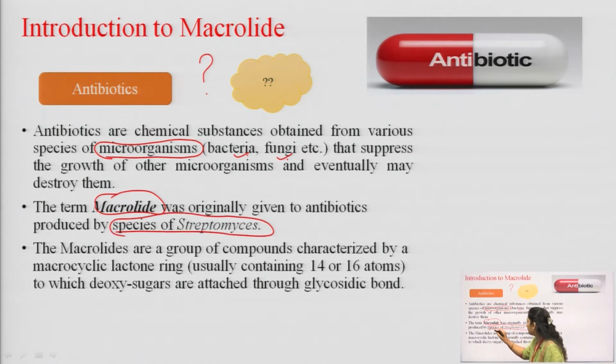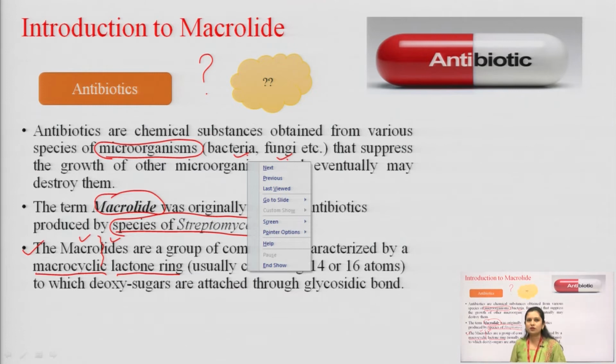It was obtained from the Streptomyces. अगर हम मैक्रोलाइड्स के बारे में बात करें तो जैसे मैक्रोलाइड्स के अगर टर्म्स को हम बीच में से स्प्लिट कर दें, सो हम यहाँ से समझ पाएंगे दैट इट इज़ मेड अप ऑफ 2 पार्ट्स, मैक्रो एंड लाइट्स. मैक्रो मीन्स लार्ज, बिग, एंड लाइट्स मीन्स लेक्टोन रिंग. यानी कि मैक्रोलाइड्स आर अ ग्रुप ऑफ कंपाउंड विच हैव अ मैक्रोसाइक्लिक लेक्टोन रिंग which have 14 to 16 atoms in their structure.